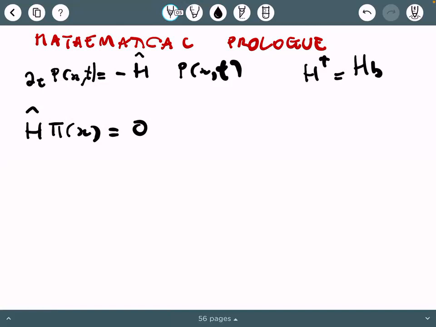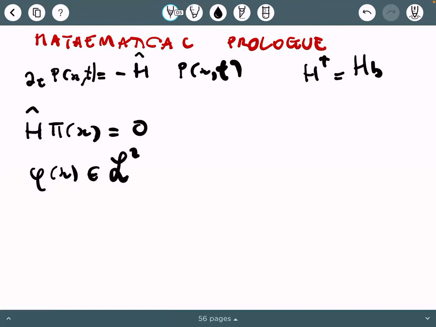Now, I will use the bracket notation, and I will work in the space of square-integrable functions. So we consider functions that belong to L2. But I will build 2 Hilbert spaces out of these functions. And these 2 Hilbert spaces will vary by the definition of the inner product. Okay?